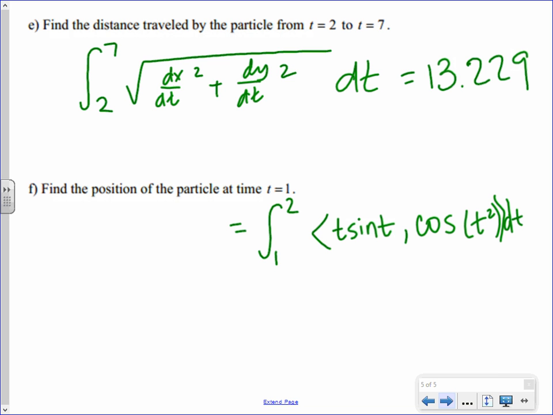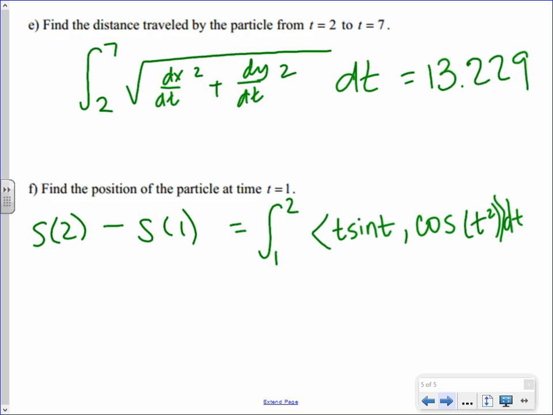If we take the integral from 1 to 2 of our velocity vector, then we should get the position at 2 minus the position at 1. Do you agree? Okay.